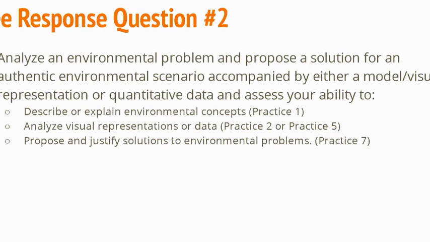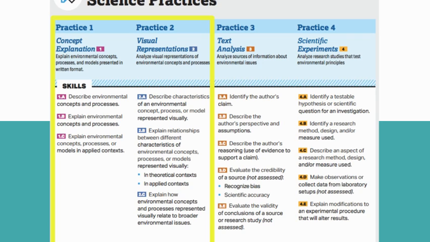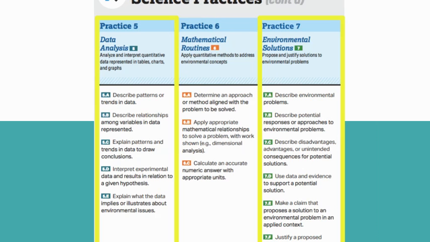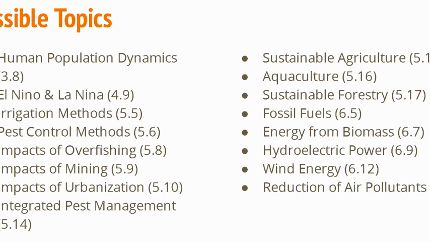Now, in FRQ number 2, we are given an environmental problem. We need to propose some sort of solution. Once again, it might even be accompanied by a model, visual, maybe data. And so here we are assessed on 1, 2, 5, and 7.